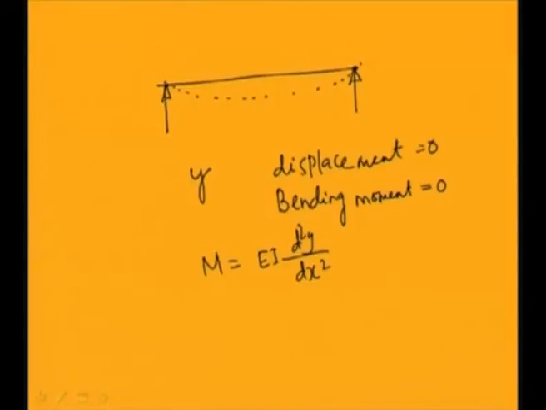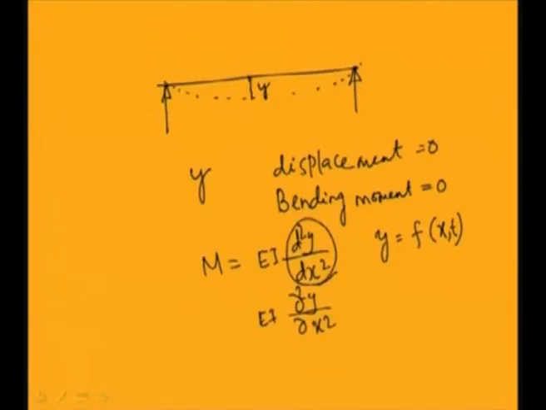This y, the deflection of the beam, is a function of x and t, so I will replace the ordinary derivative by a partial derivative. Actually it should be EI del square y by del x square. Instead of writing d square y by dx square, one should write del square y by del x square, as the deflection y is a function of x and t.